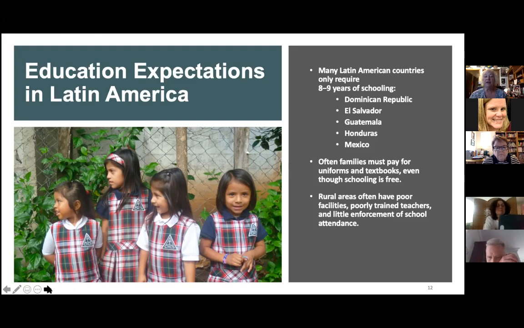So even at the elementary level, although school may be free and may be required, nobody actually comes around to see if the children are going to school. In many of the poorer rural areas, their facilities are not good, poorly trained teachers, just many situations that keep the children from having a consistent education that would be the equivalent of what we would expect for grade 3 or grade 5, whatever.